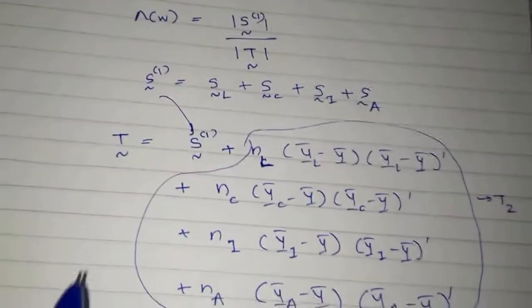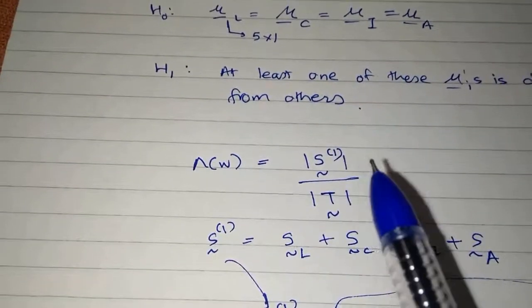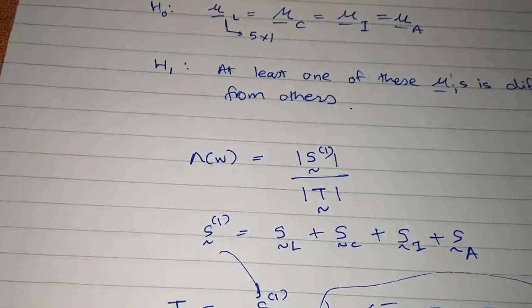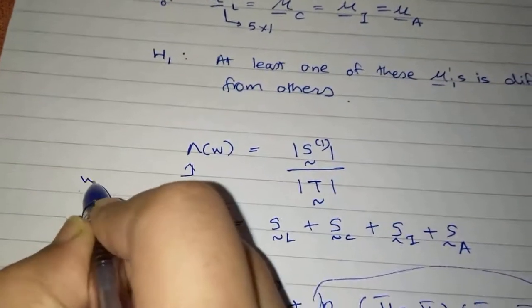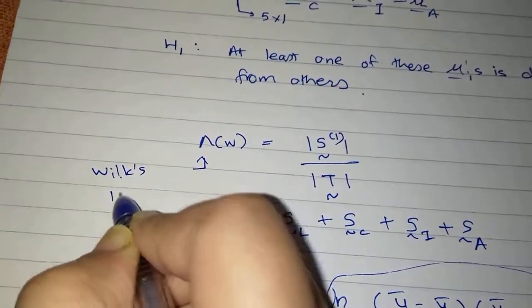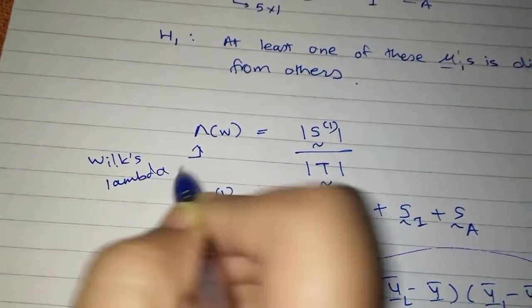And once I have S and T, I can compute Wilks lambda by this formula. This is my lambda W, nothing but Wilks lambda, so I can compute it by that formula.